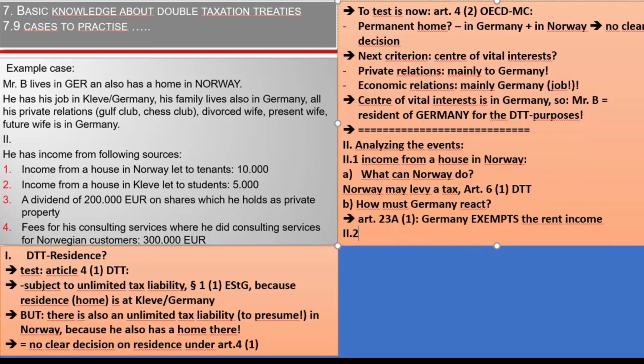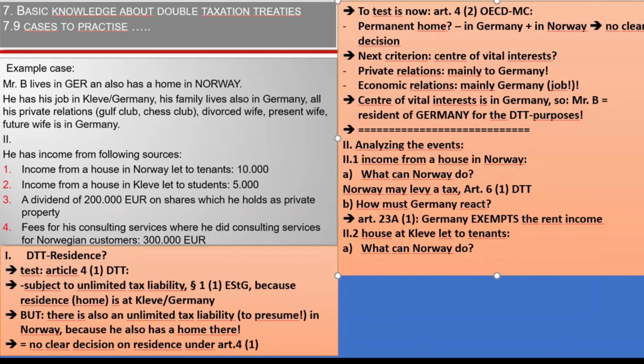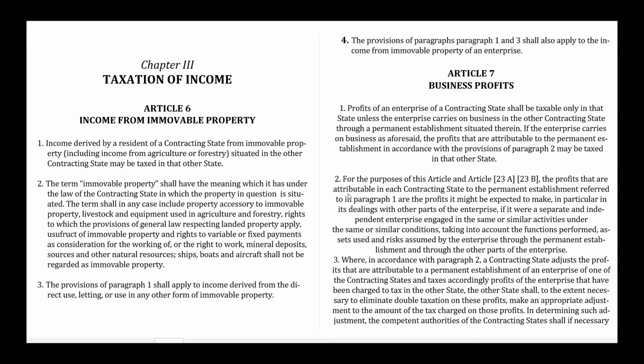Next event, 2.2. House at Kleve let to tenants. Okay, then what can Norway do? Let's have a look. That sounds again as if it might be Article 6, so the immovable property. So we should have a look there too first.